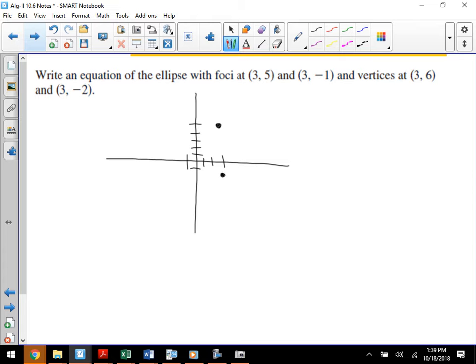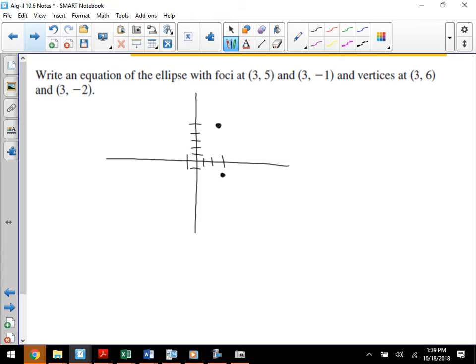You can tell right now which way this is being stretched. Why? This has got to be stretched up and down because the foci are vertical to one another. Right away, you can tell that this has to be stretched up and down because the foci are vertical.